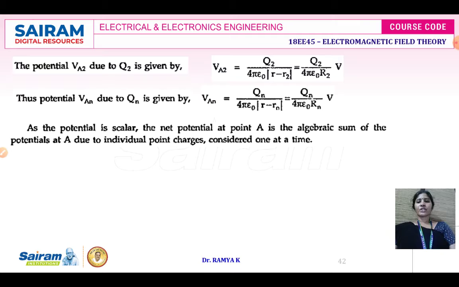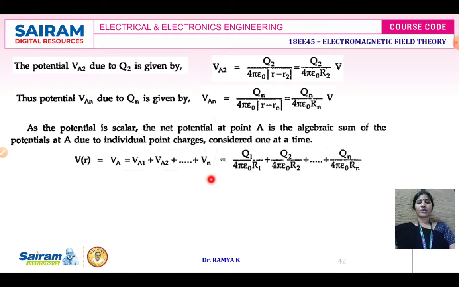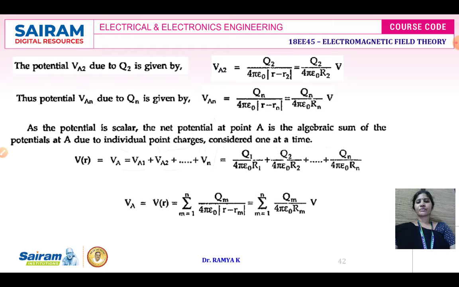Therefore, the total potential at point A is going to be VA equal to VA1 plus VA2 plus VA3, and it goes on till VAn. Substituting each of your values, Q1 divided by 4 pi epsilon R1 plus Q2 divided by 4 pi epsilon R2, and it goes on till the nth point charge, Qn divided by 4 pi epsilon Rn.